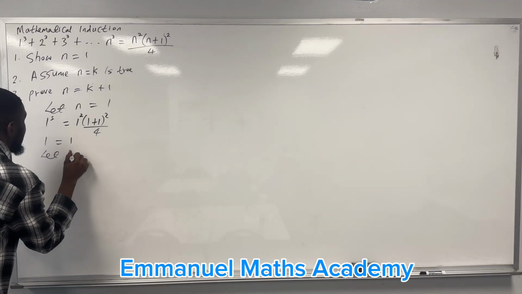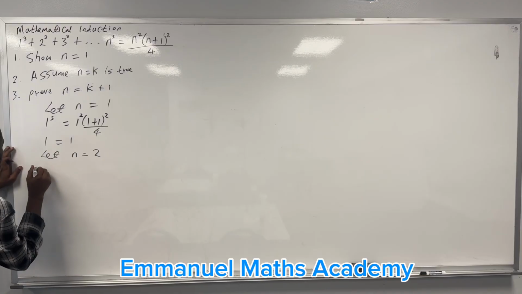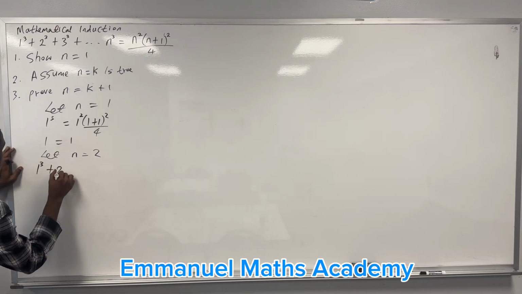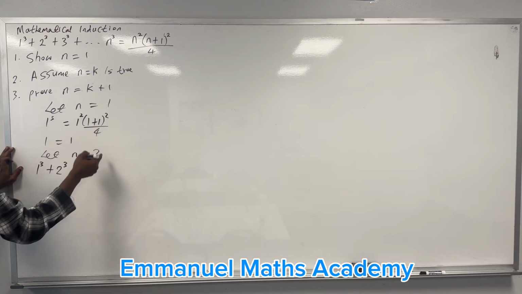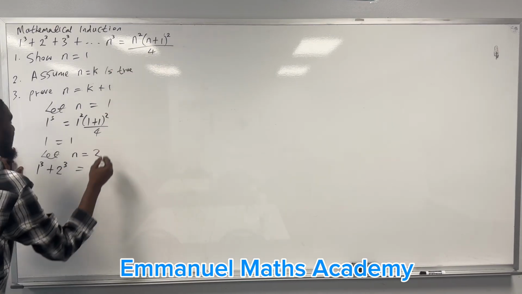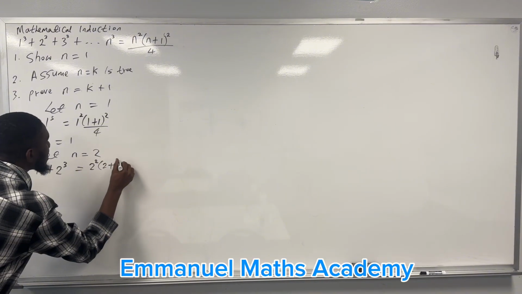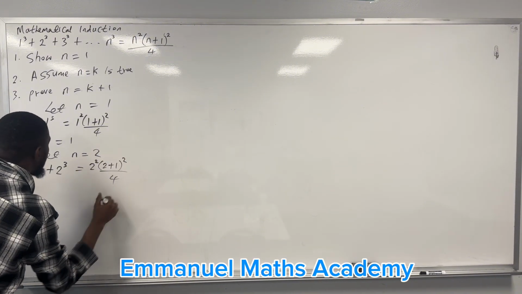We have let n equal to 2. So n equal to 2 means adding up the first two terms, right? We have what? 1 power 3 plus 2 power 3 equal to, we now substitute the value of n as 2 in the right hand side. Here we have 2 raised to power 2, 2 plus 1 power 2 over 4.